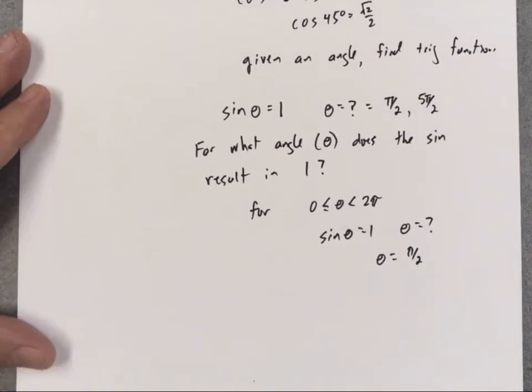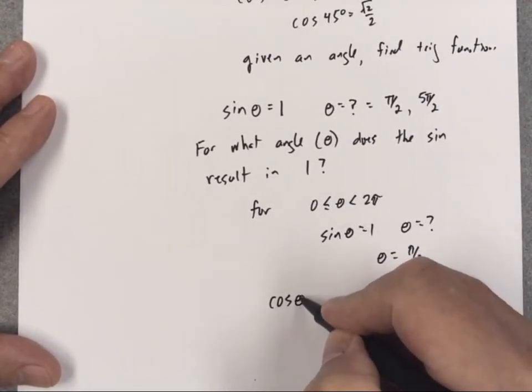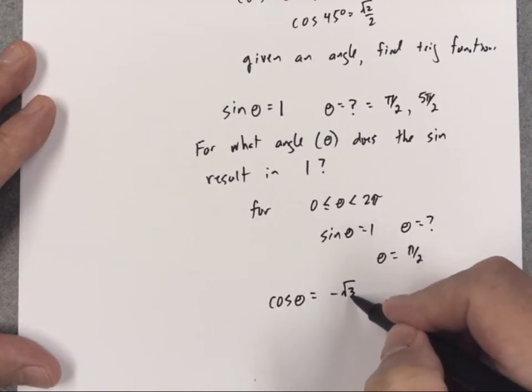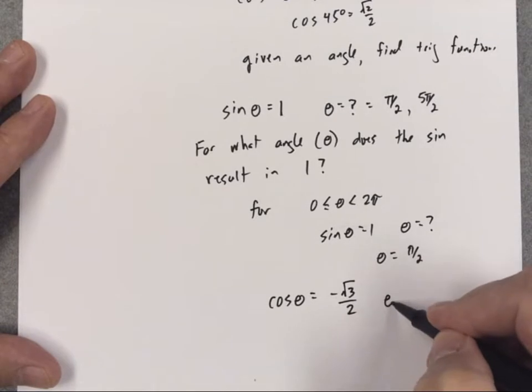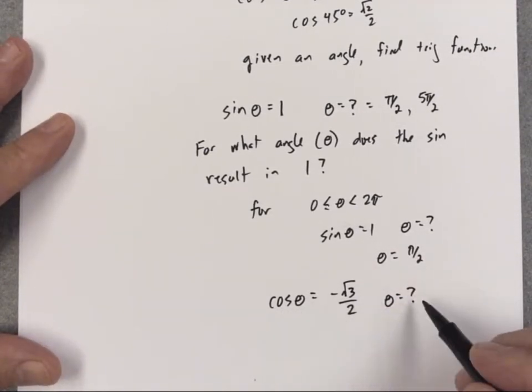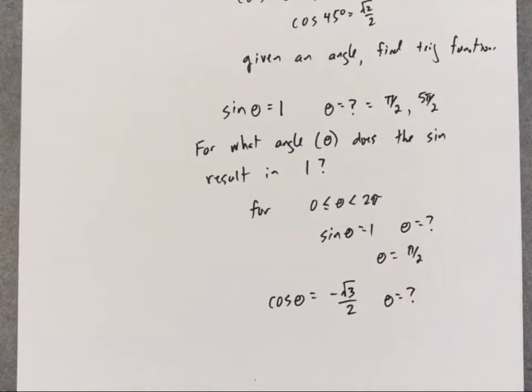Let's do another example. And now I'm going to go ahead and limit this to just 0 to 2 pi.